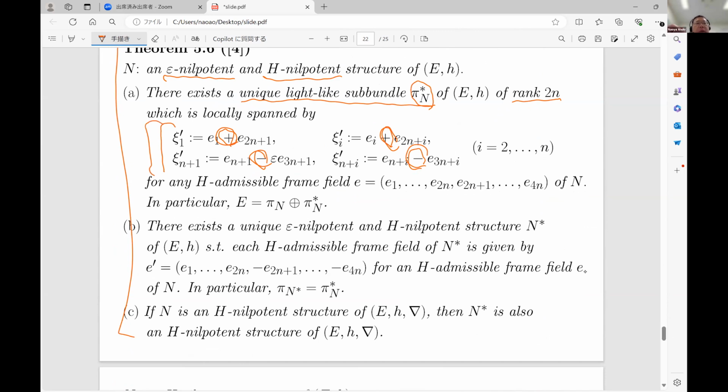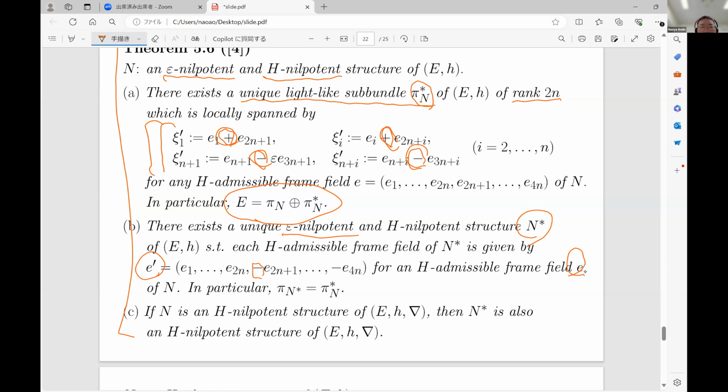From this setting, we obtain this bundle decomposition. There exists a unique epsilon nilpotent and H nilpotent structure N star of EH, such that each H admissible frame field of N star is given by e prime for an H admissible frame field small e.